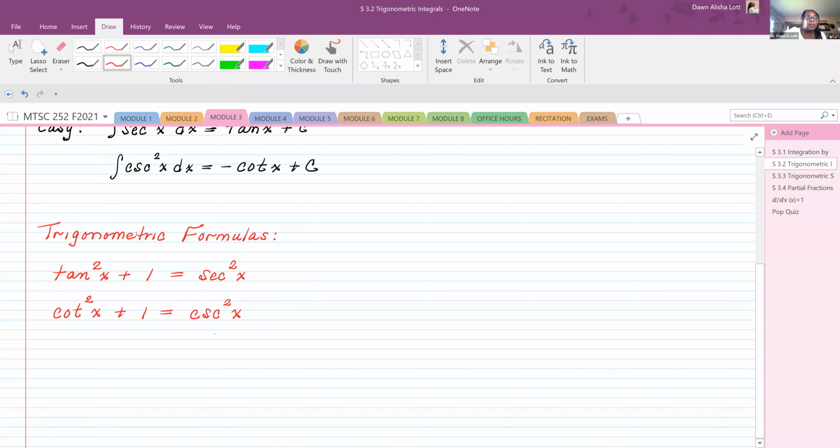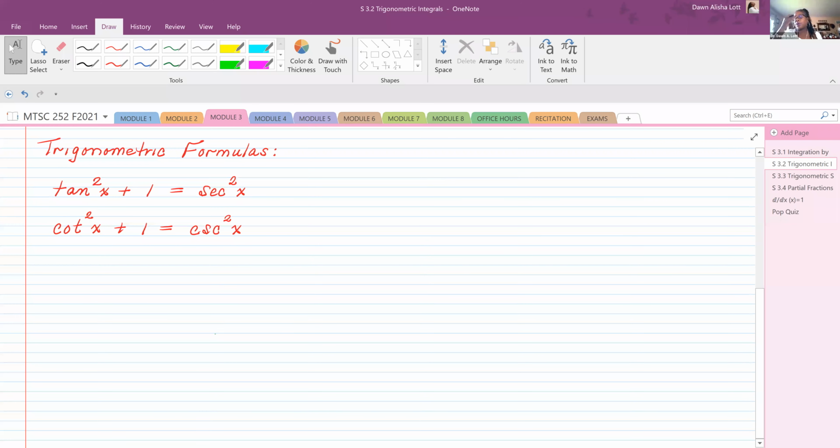But more importantly, the ones we're going to work on first: I can write the cosine squared of x as 1/2 times 1 plus the cosine of 2x. And I can write the sine squared of x as 1/2 times 1 minus the cosine of 2x.